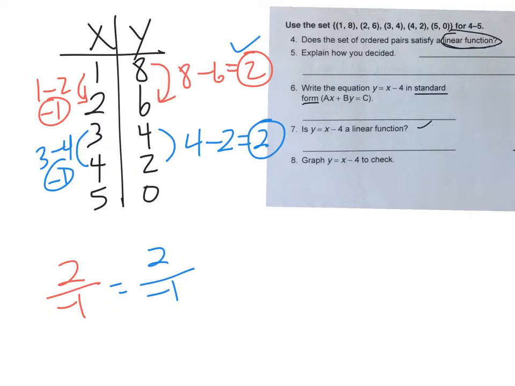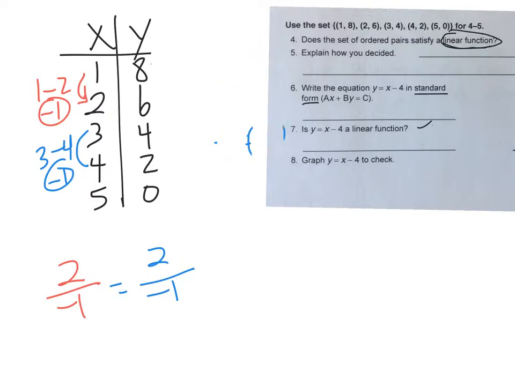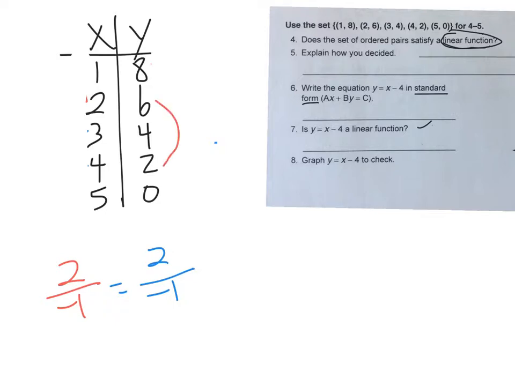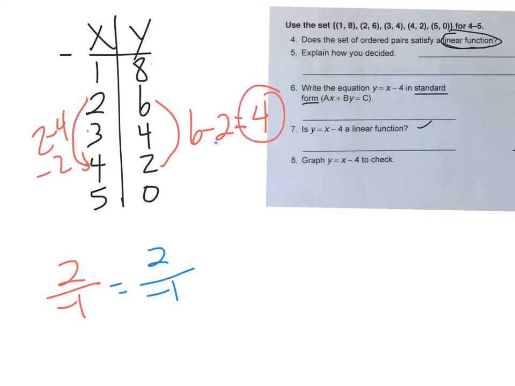Let's do one more. Let's try to get rid of all this, and let's try a different one. Let's do 6 minus 2, and that's 4. And let's do 2 minus 4, which is -2. So again, rise over my run of -2.